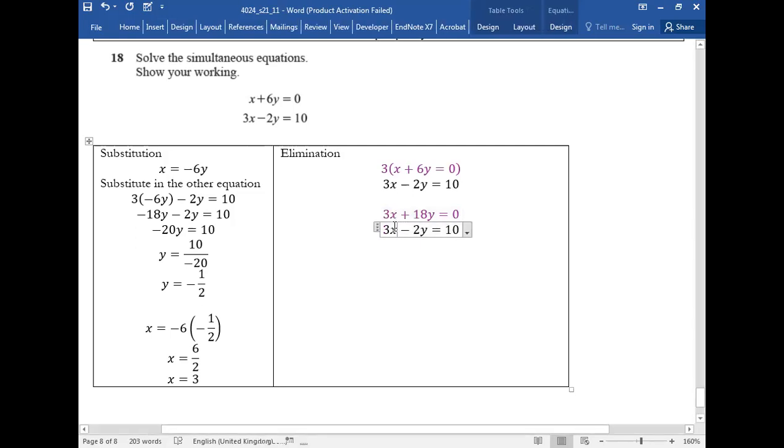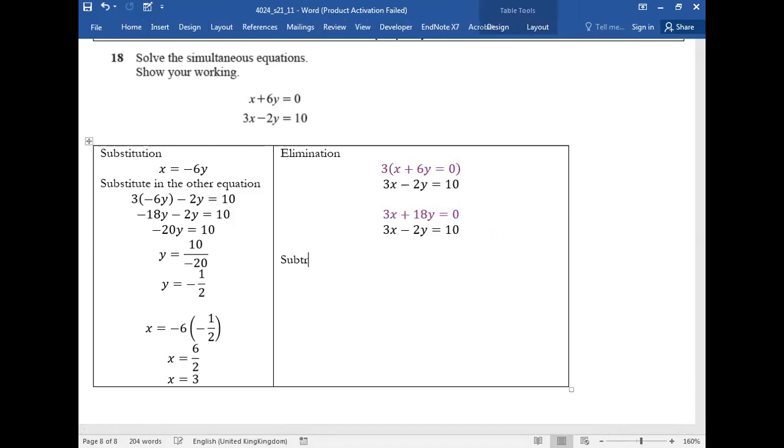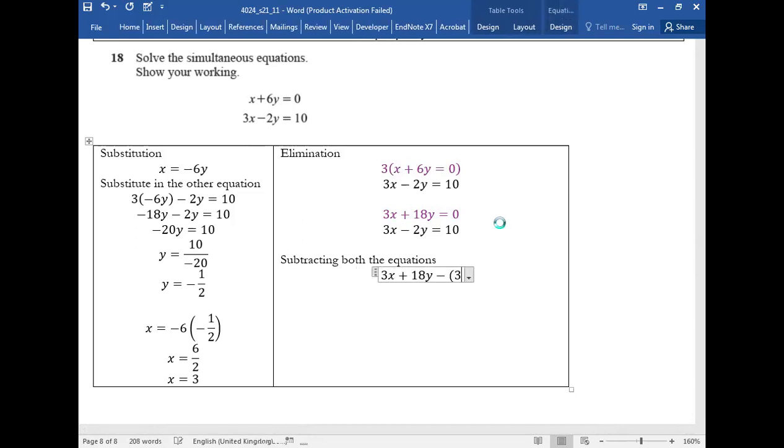If I add them, will it be eliminated? तो क्या करना है मुझे दोनों को? मैं पहले थोड़ा सा अच्छा detailed method बता रहा हूँ. 3x plus 18y minus 3x minus 2y is equal to, right side पे भी, 0 minus 10.